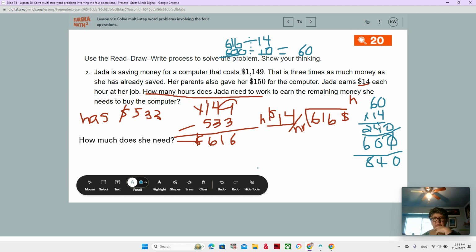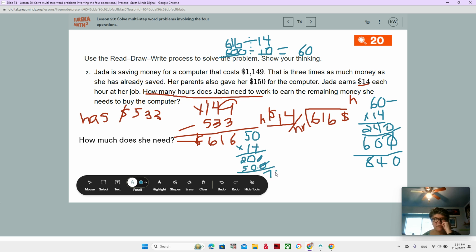So what if we just did 10? What if we did 60 times 10? Well, we have to multiply by 14, so we have to change this number. So what if we did 50 times 14? 5 times 4 is 20. Magic 0. 5.